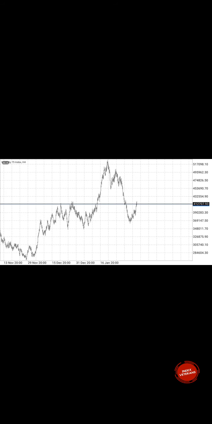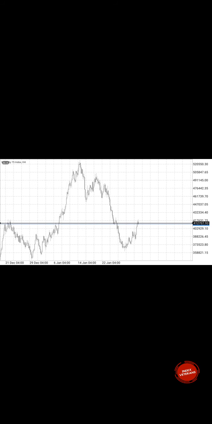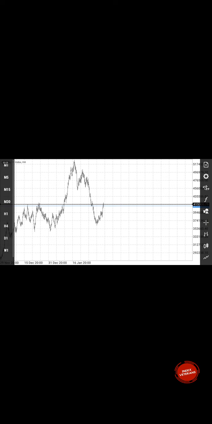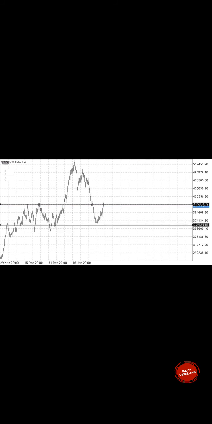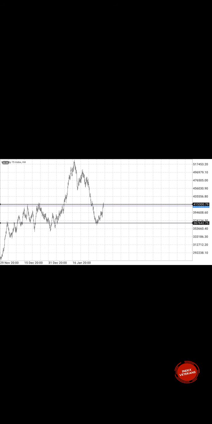So here is a very clear area of support and resistance. Okay, there. So we put another one. Those are obvious, like here is clearly, yeah, we have that.